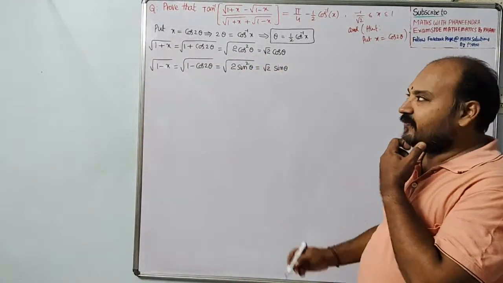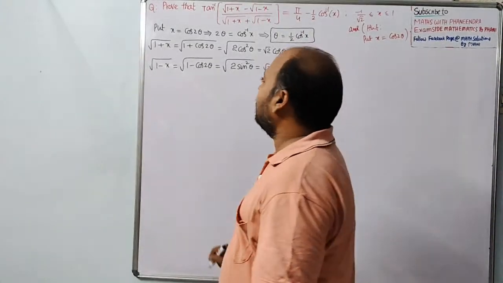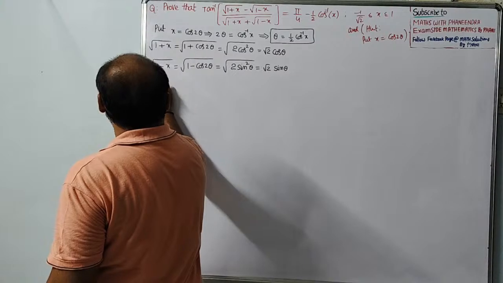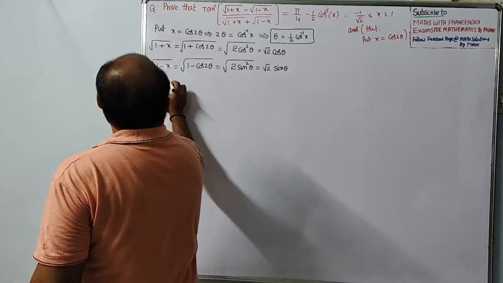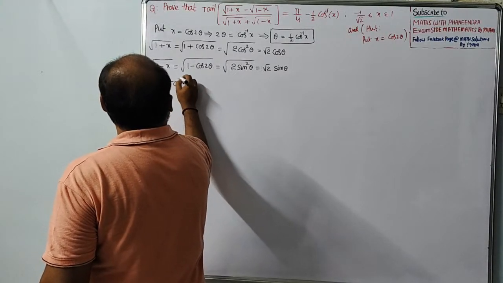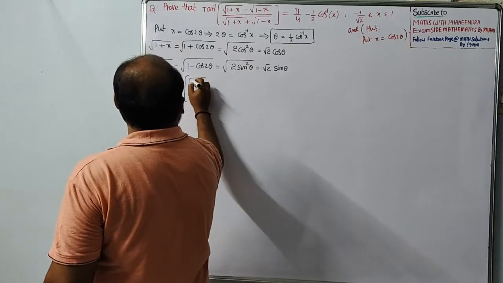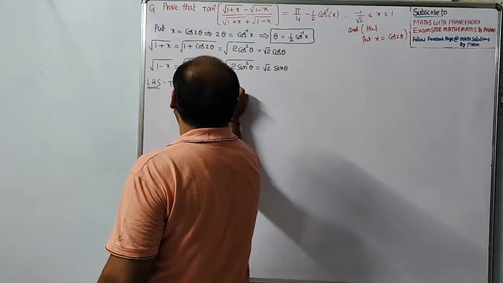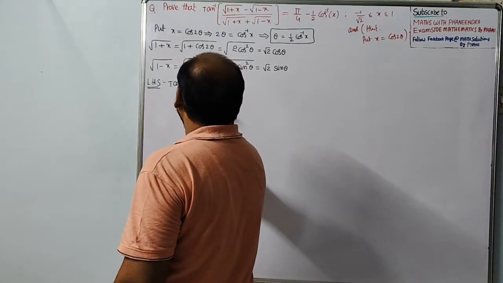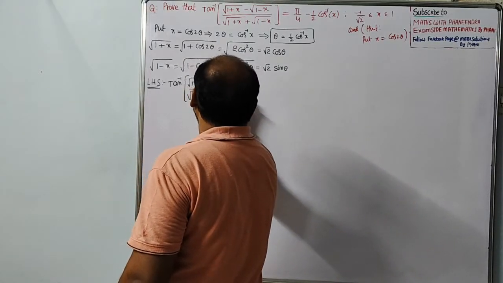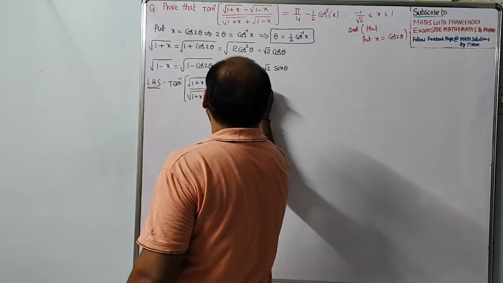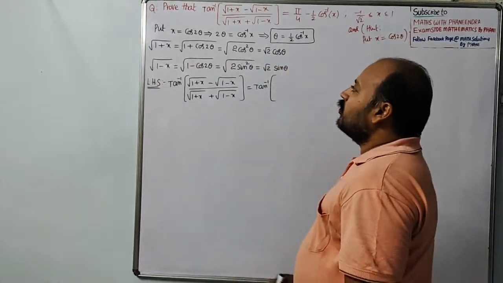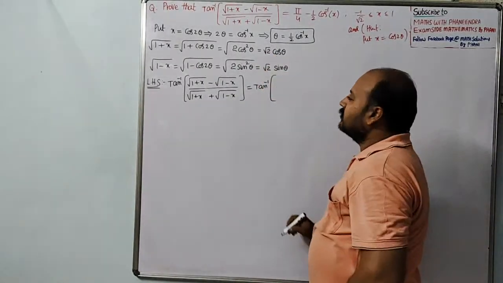After simplifying these values, consider the LHS. Now in the LHS I am taking the expression: tan inverse of root of 1 plus x minus root of 1 minus x, divided by root of 1 plus x plus root of 1 minus x. Root 1 plus x value is what?